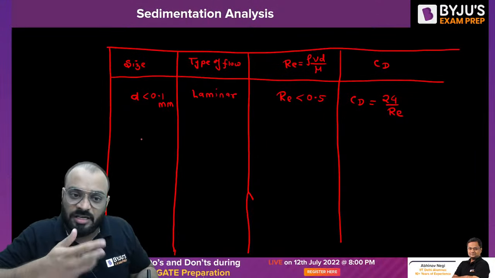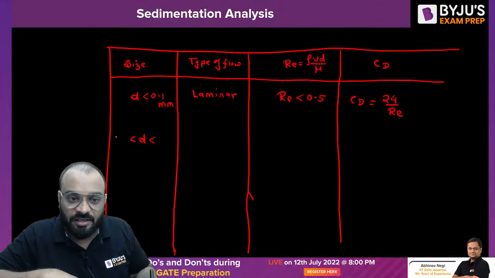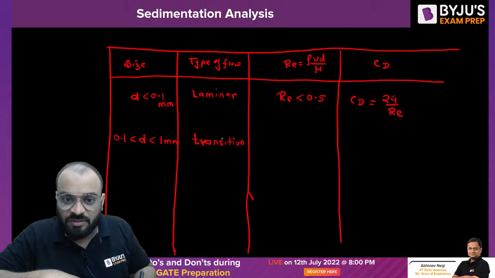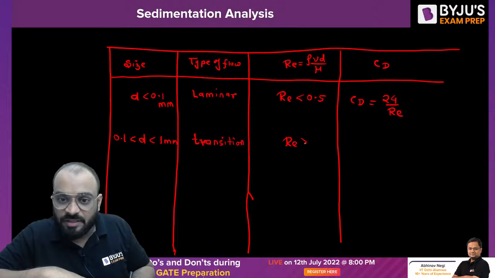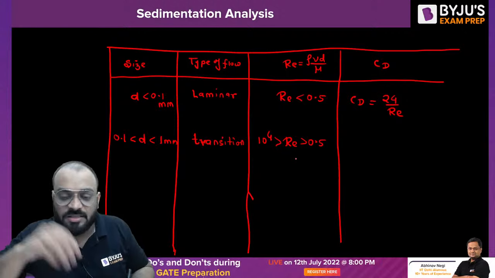Second condition, let us suppose if you change the size of particle, it is in between 0.1 mm to 1 mm. And the flow which will become over here is transition flow, and the Reynolds number is greater than 0.5 in this case, and it should be less than 10 raised to power 4.